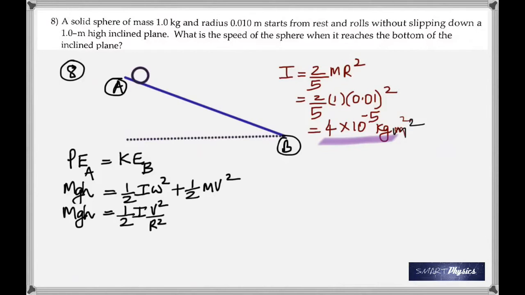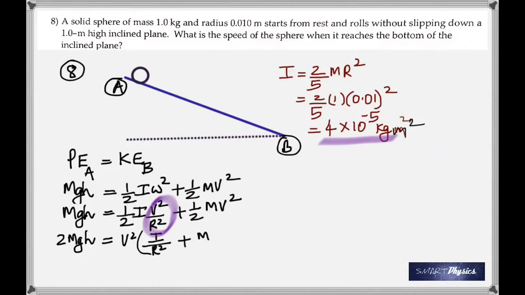Again, omega is V by R, so plus 1/2 mv squared. V squared is common, taken out. And the 1/2 on both terms is taken to the other side, becomes 2, or in fact we're multiplying each term by 2.